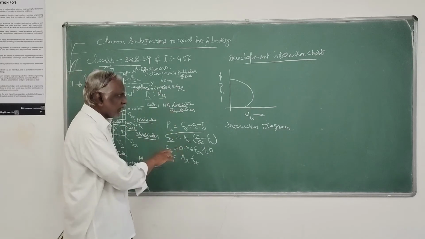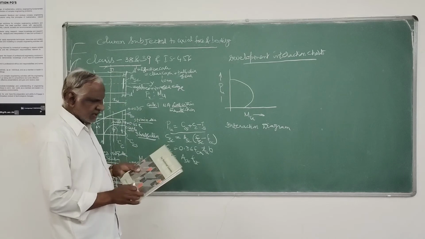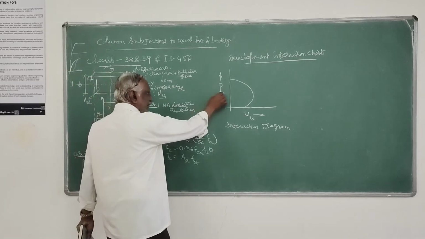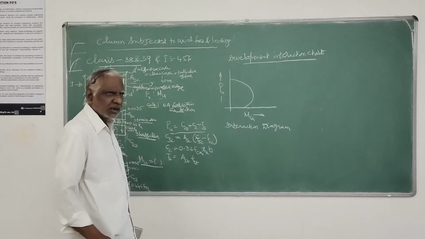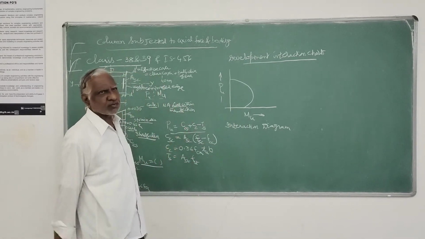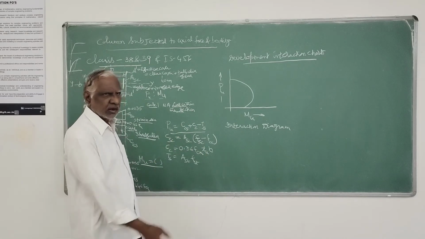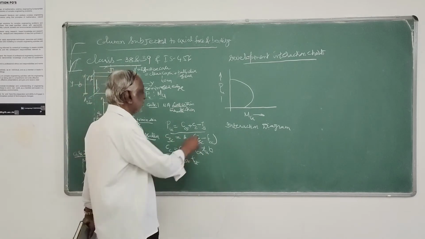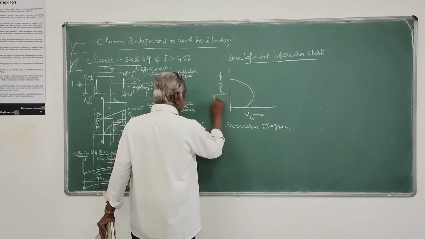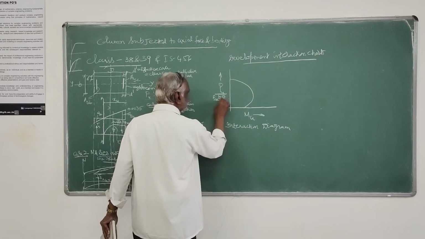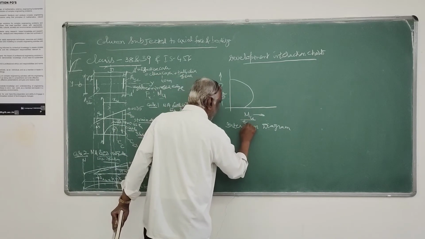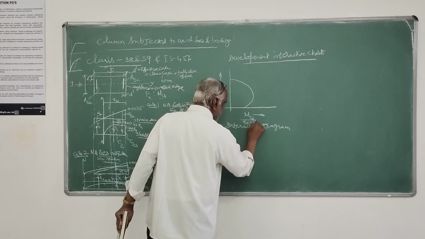So what IS 456 has done in this handbook is, instead of plotting the actual PU and MU, they have non-dimensionalized this so that it can be used for any combination of loads and sections. Instead of PU, they have taken PU by fck bD. Instead of MU, they have taken MU by fck bD squared.